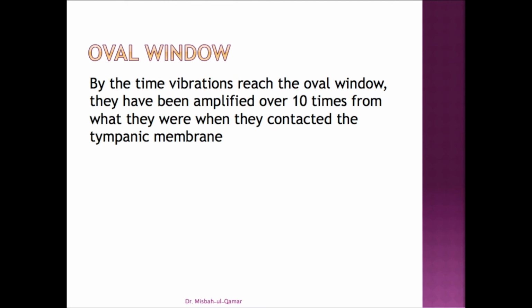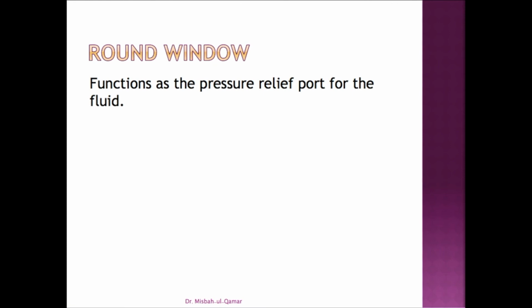So by the time the vibrations reach the oval window, they have been amplified over 10 times from what they were when they contacted the tympanic membrane. There is not only the oval window, but there is also another window which is called the round window. Now, this round window functions as a pressure relief port for the fluid which was set into motion initially by the movement of the stapes in the oval window.